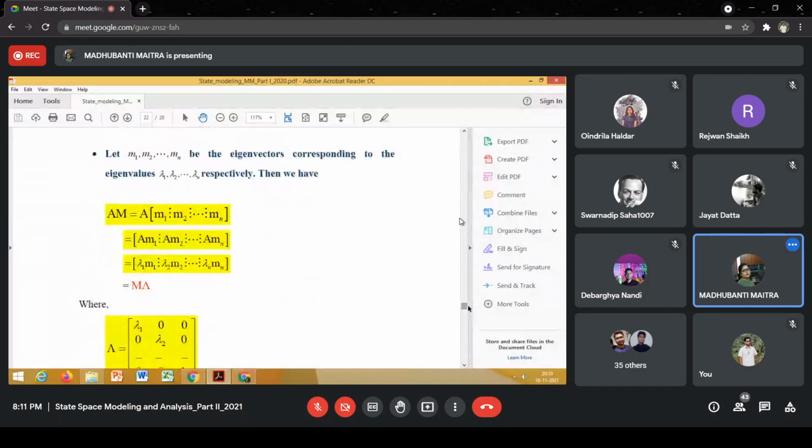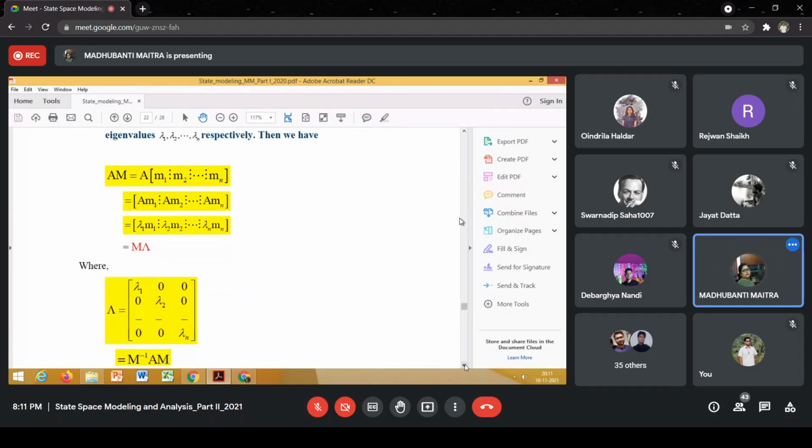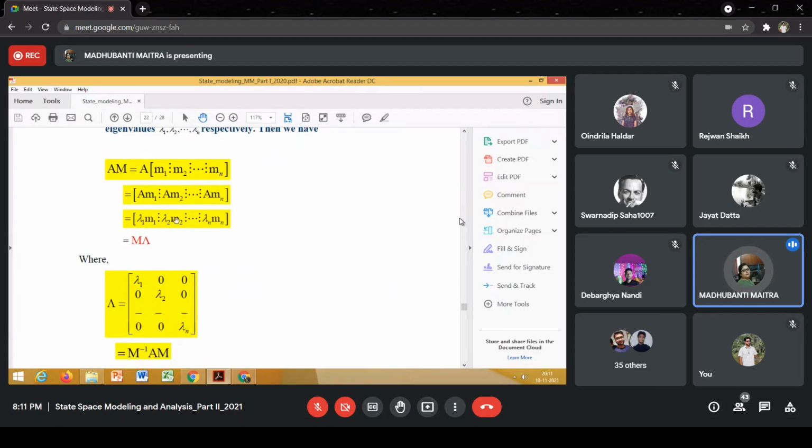So A into M1 can be written as lambda 1 into M1. A into M2 can be written as lambda 2 into M2. A into Mn can be written as lambda n into Mn, right? So this can be written as M into our diagonal matrix, where the diagonal elements are lambda 1, lambda 2, lambda n, and all other elements are simply 0.